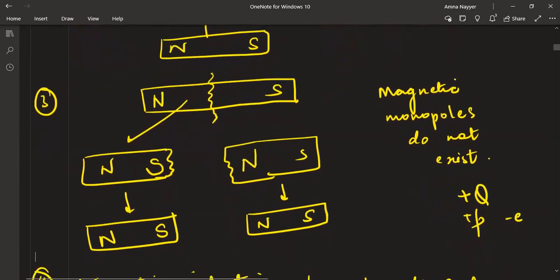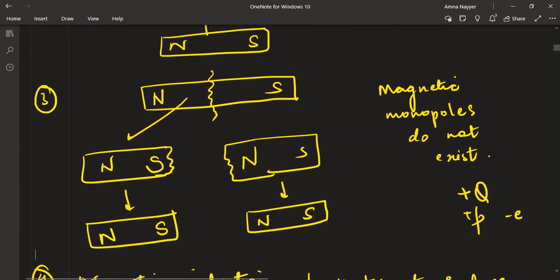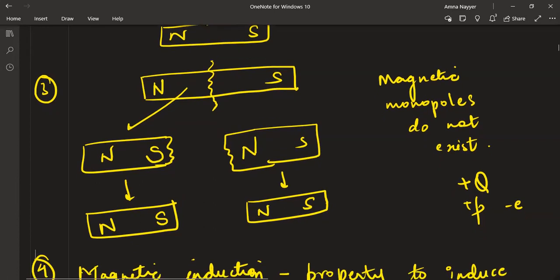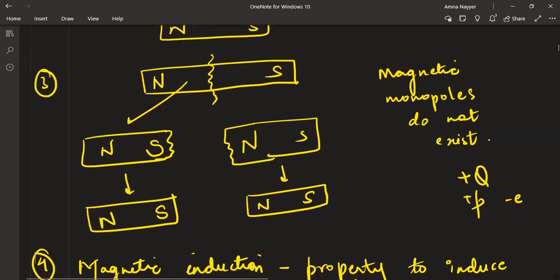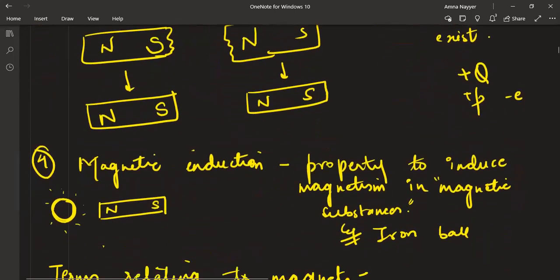The third property is that monopoles do not exist, which means even if you cut a magnet, each end should receive one pole, one end north and the other south. But this is not the case. The other polarity develops immediately.